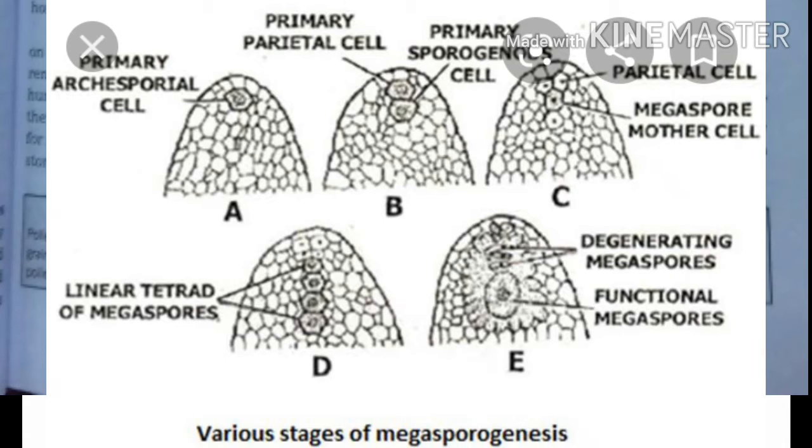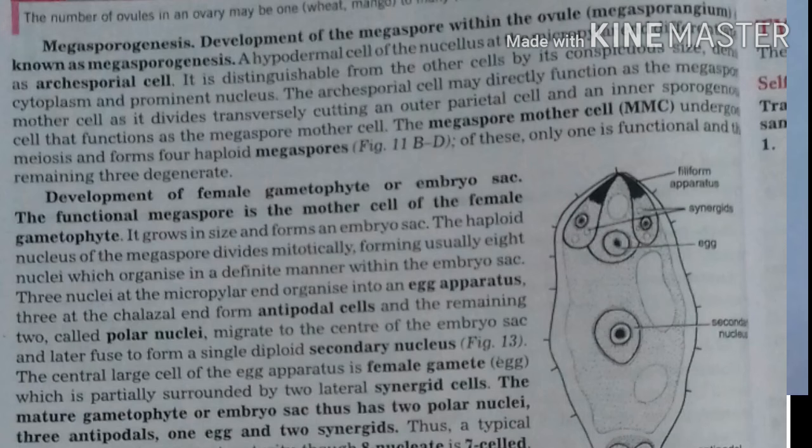So, what is megasporogenesis? Development of the megaspore within the ovule, that is megasporangium, is known as megasporogenesis.